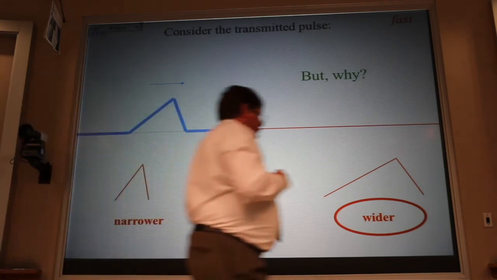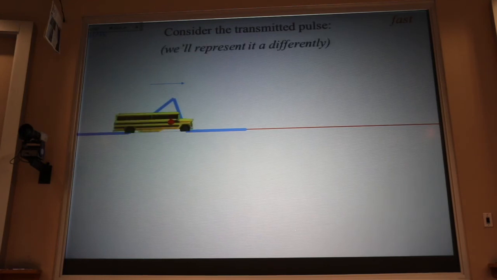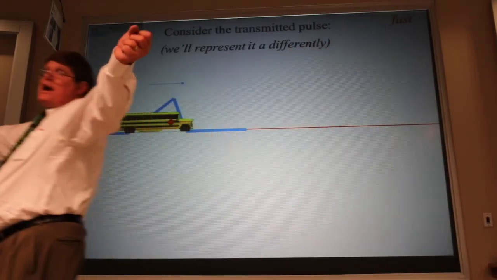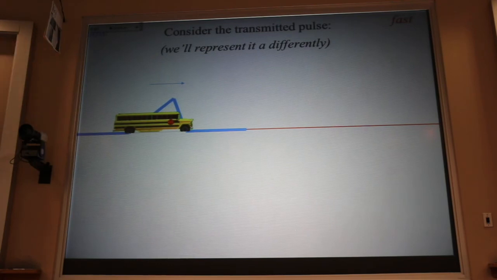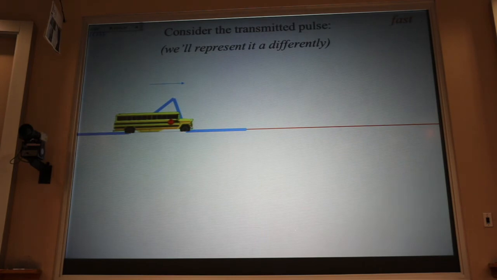I'm going to do it a different way here. I'm going to represent that pulse as a school bus. But not any school bus. This is a magic school bus. This school bus can stretch, it can shrink, it can be whatever length it needs to be. And it's driving on a really, really slow road, a dirt road that's all bumpy. And it gets to a boundary with a fast road of pavement.